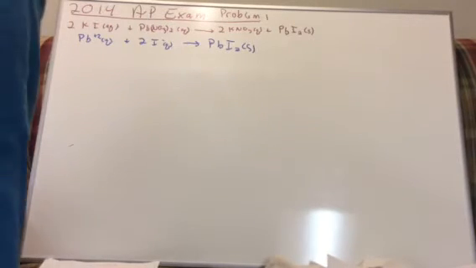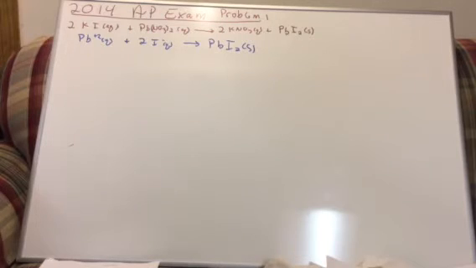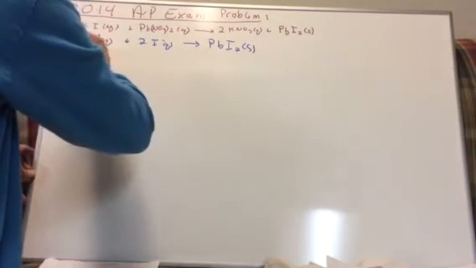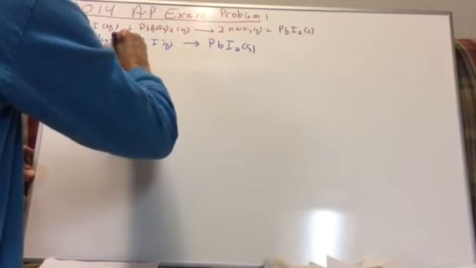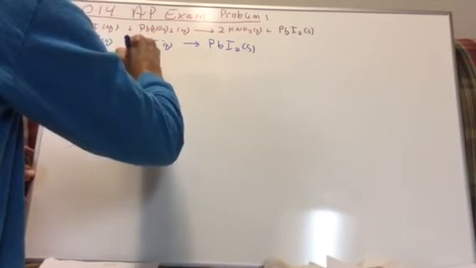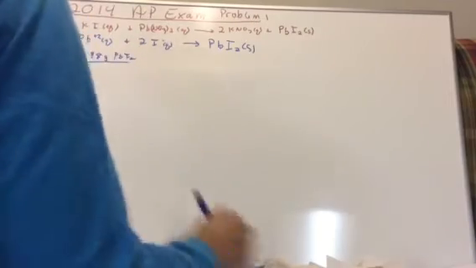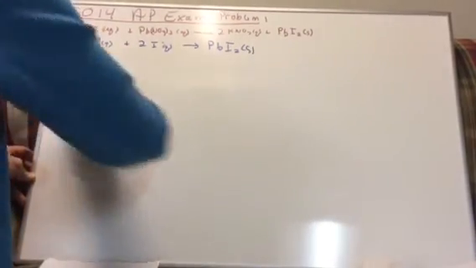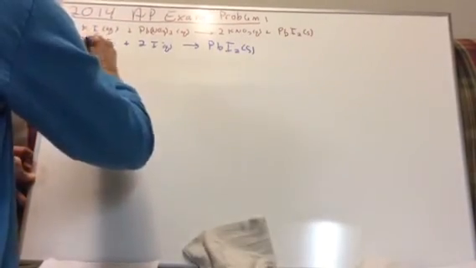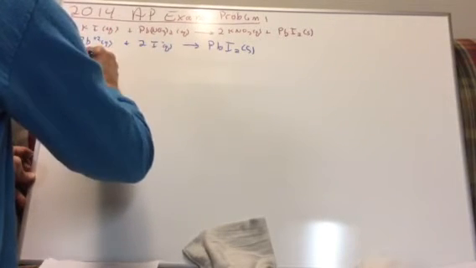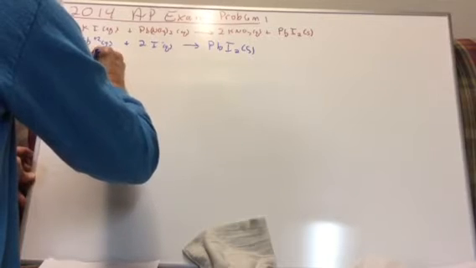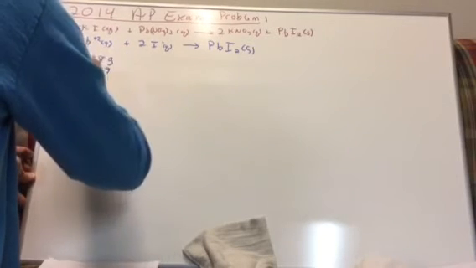In D, it says calculate the number of moles of precipitate that is produced in the experiment. So you've got 1.698 grams, this is with the lead 2 iodide and filter paper, and then the mass of the filter paper was 1.462 grams.